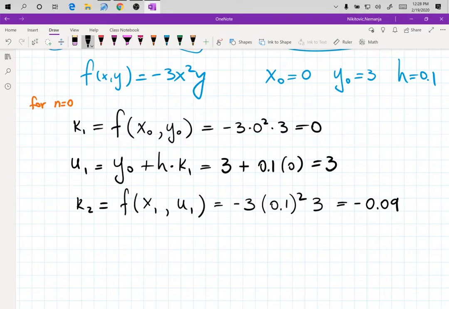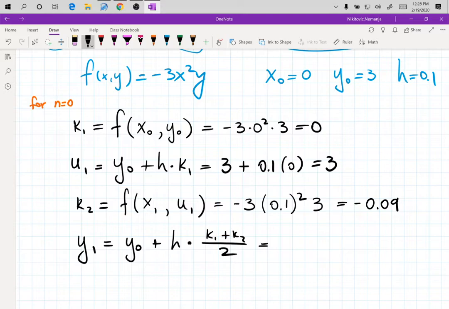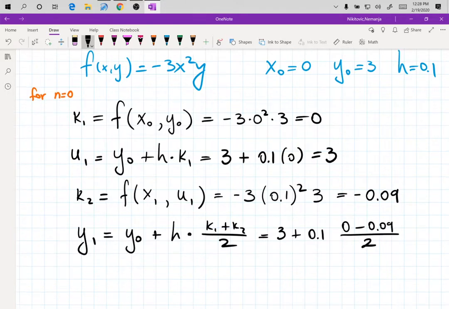And finally now we can calculate y1, which is y0 plus h times the average of k's. Y0 is 3, plus h is 0.1, and my average of k's, one k is 0, the other one is negative 0.09, average 0.045.